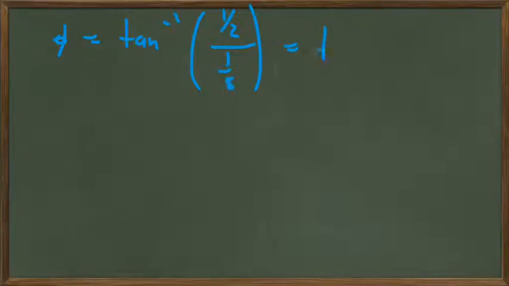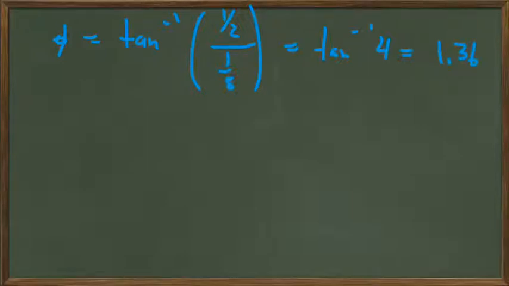What about phi? So phi is tangent inverse of C1, which is a half, over C2, which is an eighth. Tangent inverse of 4, and tangent inverse of 4 is 1.36.